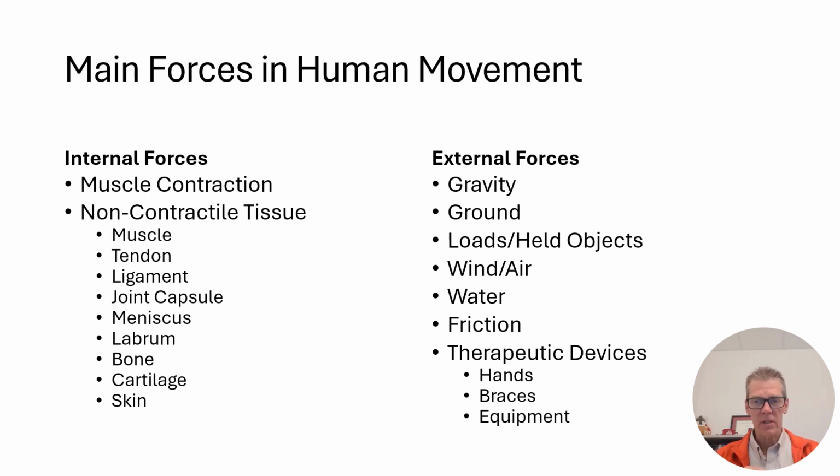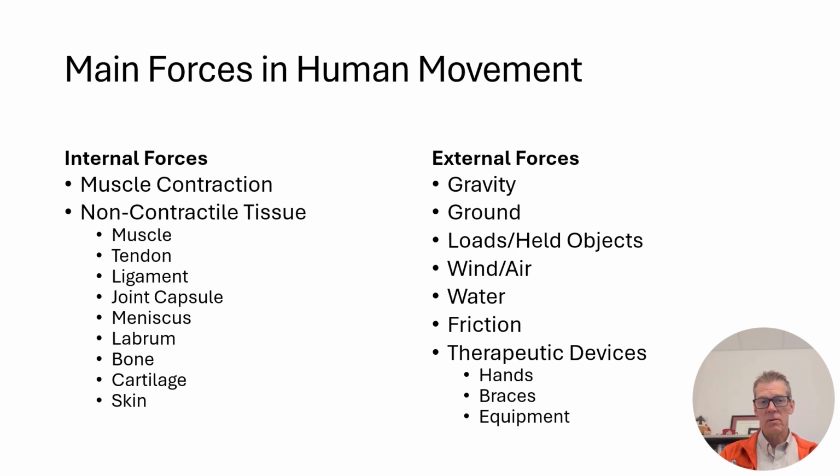So a muscle contraction is always a pull between its origin and its insertion. There are some other forces that can be applied, and some of these are used to prevent motion at our joint level, restrain motion. Our ligaments restrain motion, so they're going under tension and they're limiting motion, for example. Well, those are forces internally. So there's a whole list of them there.